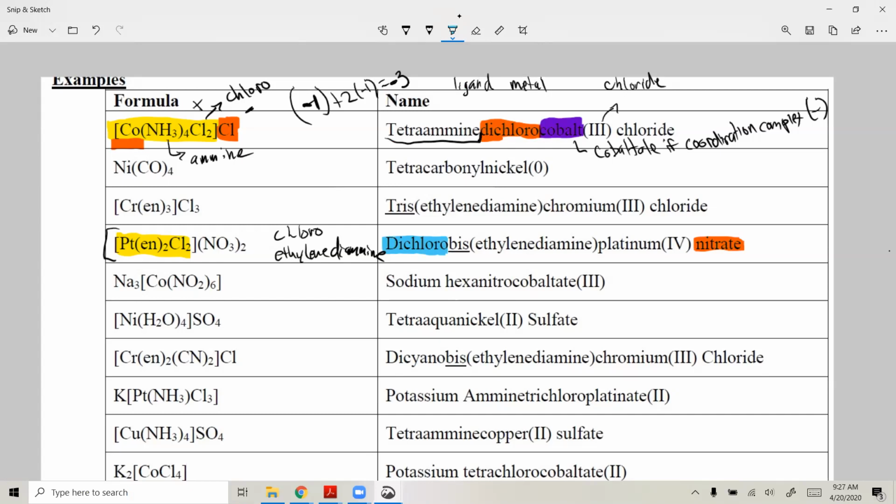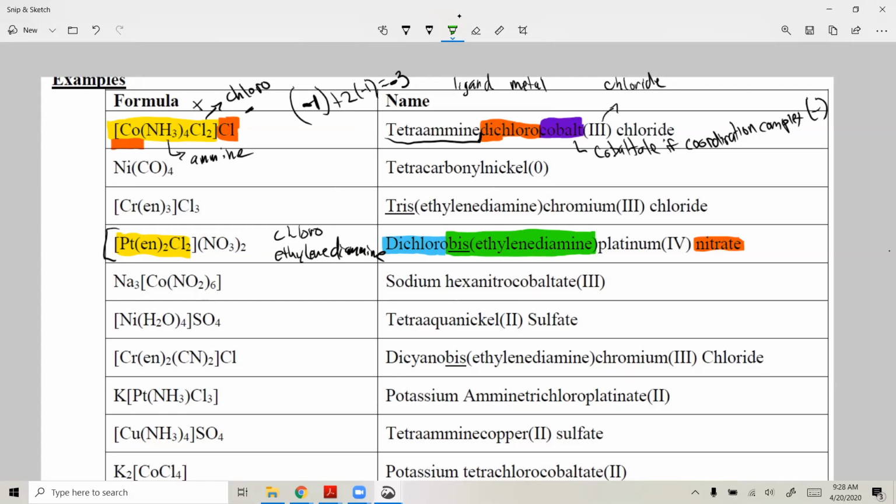Di. But because we already have a diamine inside of that ethylene, this is why they have us use bis. So bis is there to tell everyone that you have two ethylene diamines. If you had used diethylene diamine, you would think that you had four different ligands there.